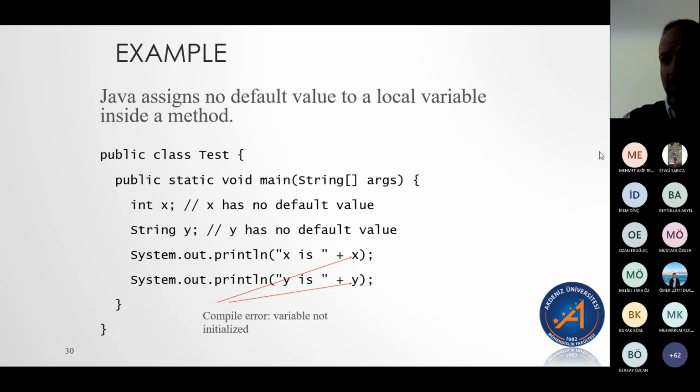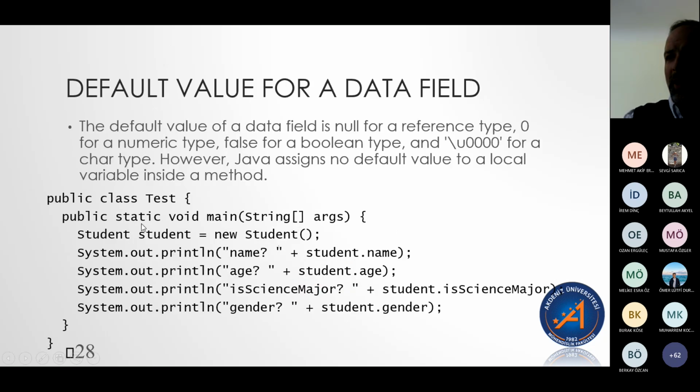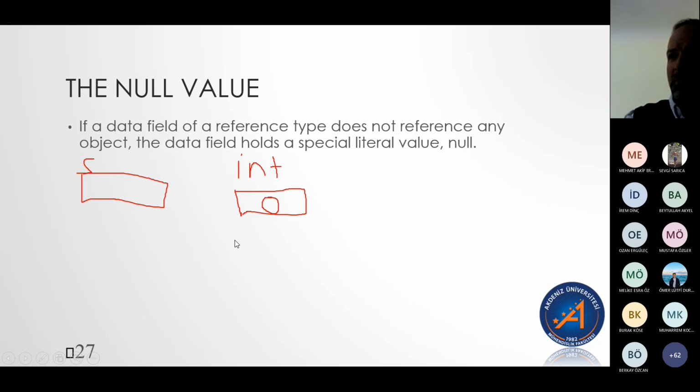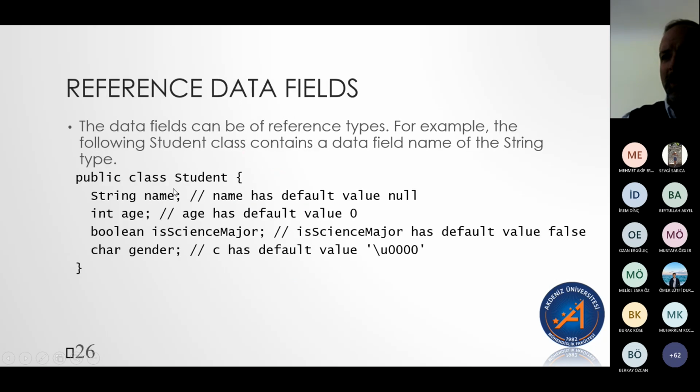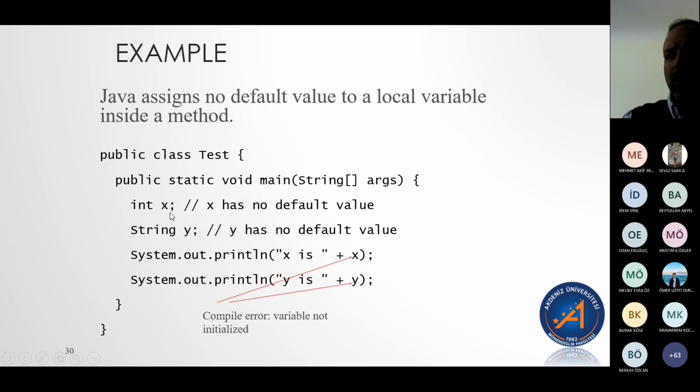So if we skip back here, a class variable gets a default value, whereas a local variable inside of a method does not. So this would give us a compiler error. The other one did not give us a compiler error.